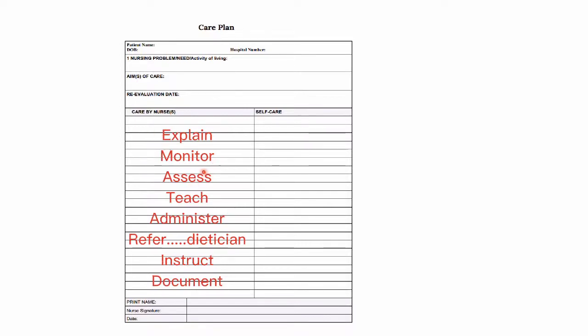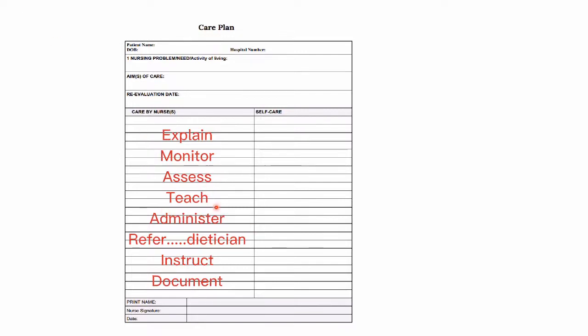Then teach: what are you going to instruct patients for risk for malnutrition? A healthy diet and the importance of a healthy diet. For inadequate knowledge, provide information on diabetes management via oral, leaflets, or online resources. For risk for complications, you can teach patients the importance of adherence to the management plan in reduction of complication.